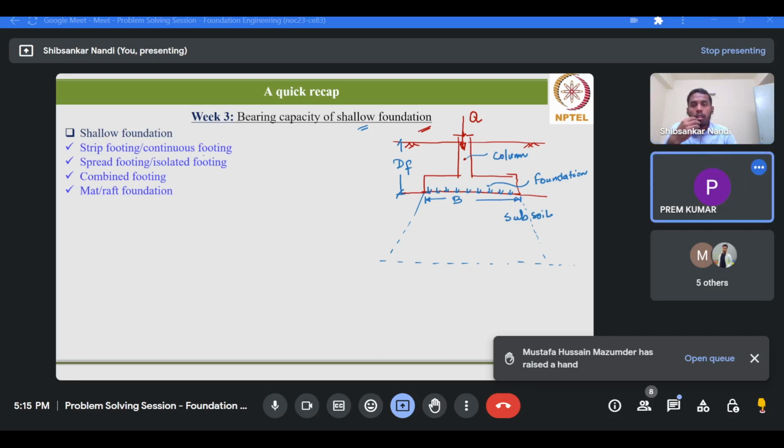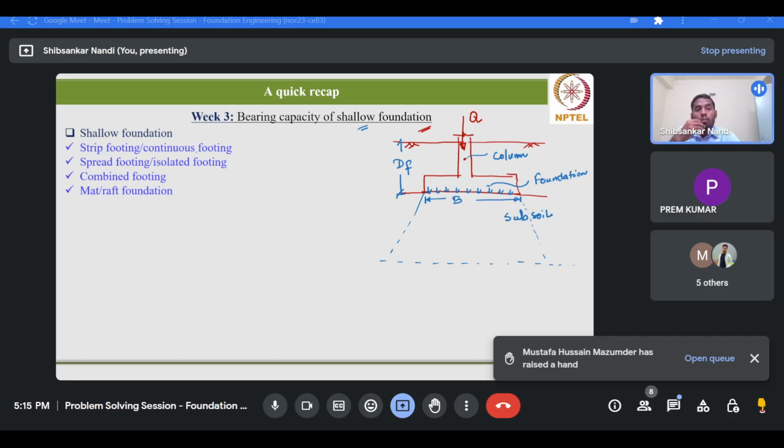Yes. Sir, I wanted to ask one thing, that we only consider the width of the foundation of that particular footing, not the whole. Like if we are making a building, will the width of the foundation be the whole building width, or only this column? Can you please repeat the question? Sir, I'm asking whether we consider the width of the foundation as only the footing which we are putting inside the soil, or the whole area on which we are constructing.